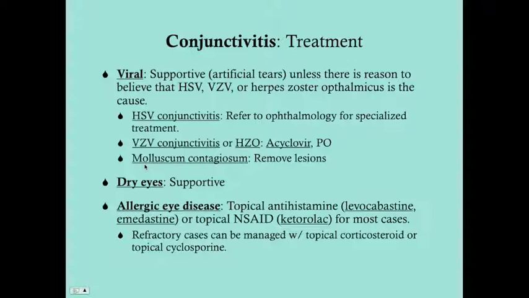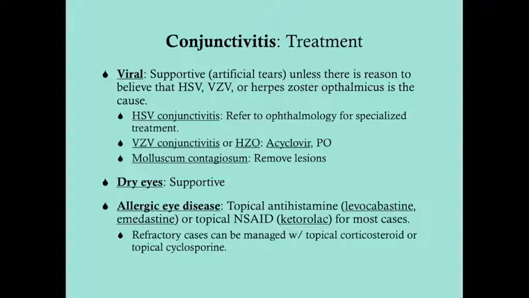And remember, molluscum contagiosum, those are the little tiny skin nodules that you get. They're skin-colored nodules, and they have that little tiny umbilication in the middle of the nodule. If you see those, that can be a cause, so you'll want to remove those, and that can be done in an outpatient setting. Dry eyes, of course, we're just going to be supportive.